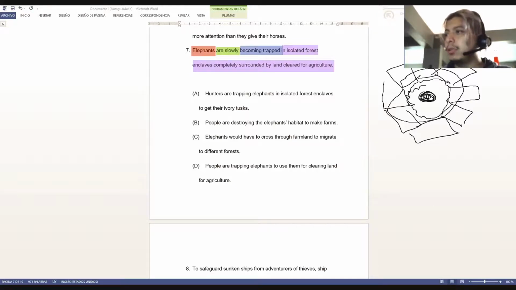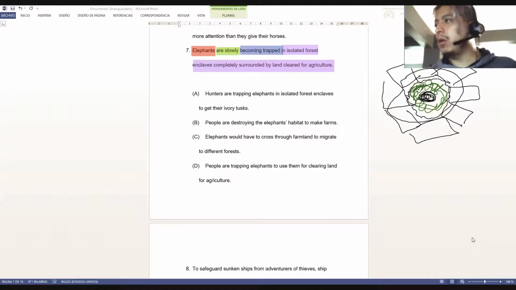This forest, let's just change the color. So this is the forest. And they are becoming trapped in isolated, unconnected enclaves, completely surrounded by clear land for agriculture. This land around, the yellow land, this land here is made for agriculture.